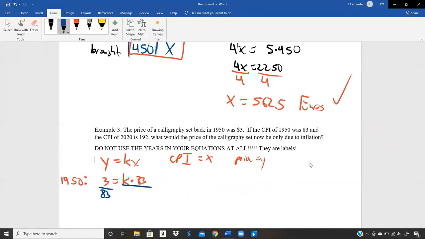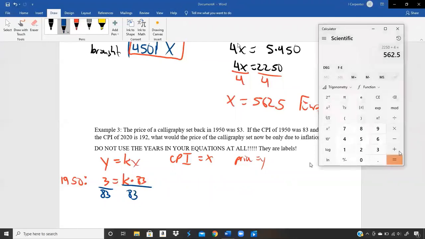I'm going to skip the rewrite this time. And then 3 divided by 83 is going to give us an ugly decimal. And I don't want to round this simply because if I round it, then there will be rounding error. Now, if I round this to 5 or 6 or 7 decimals, that's not too bad, but I'm just going to leave this as 3 over 83.